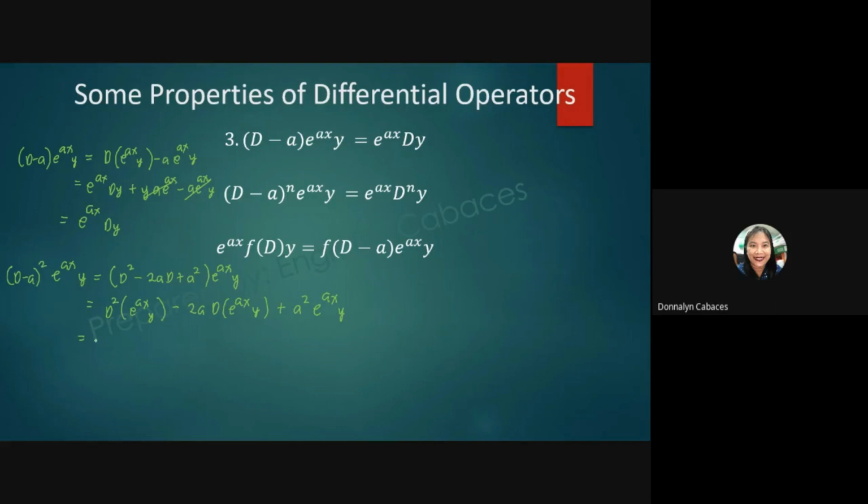So that is the derivative of e to the ax Dy plus a e to the ax y. Then you have here minus 2a D of e to the ax y plus a squared e to the ax y.